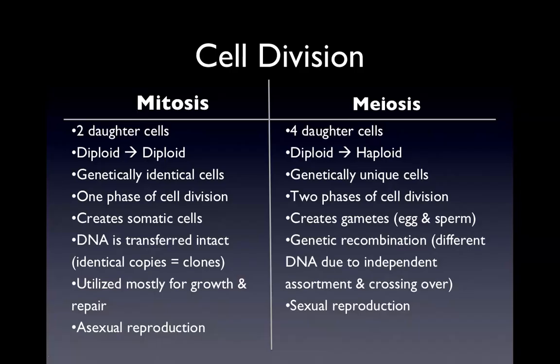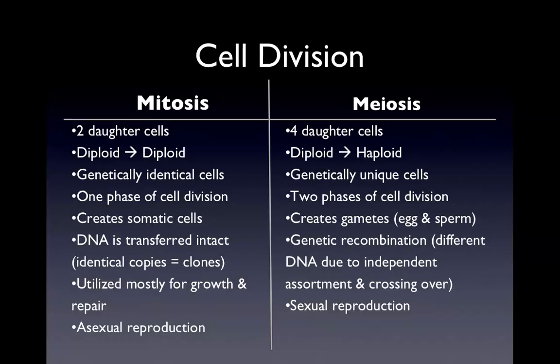Go back to your notes if you don't remember what that looks like. But we're going to go through meiosis 1, still prophase 1, metaphase 1, anaphase 1, and so forth. By the time we get through that first round of division, we're already at haploid cells because we've taken that tetrad lining up in metaphase this time and splitting the homologous chromosomes. Those homologous chromosomes are split in that first round of division, but the sister chromatids stay together.